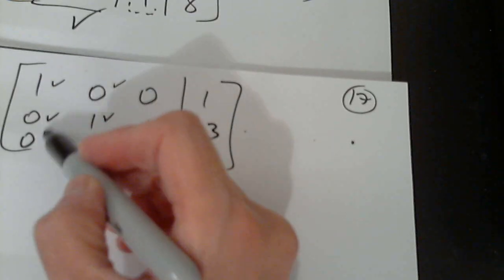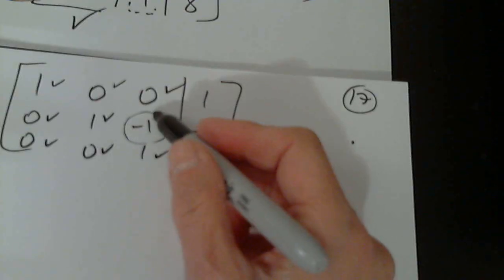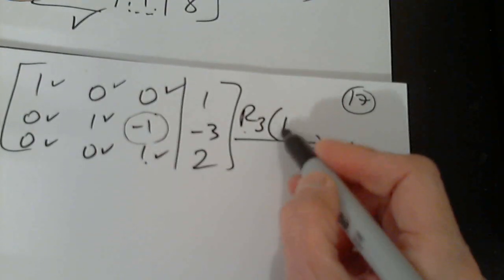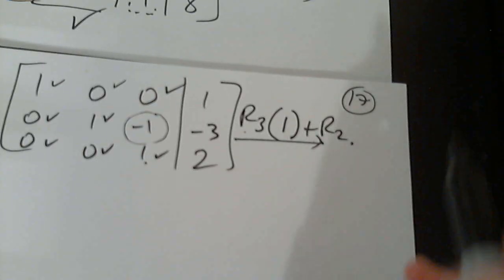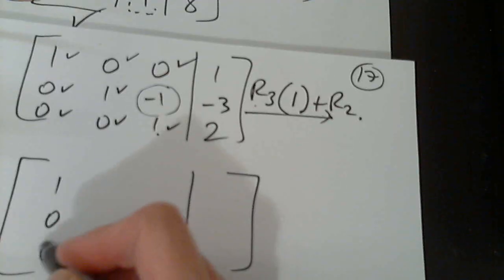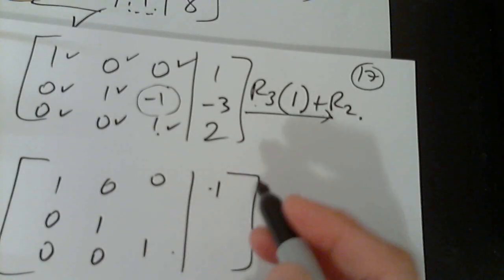Good. Done! Wow! I only need to get rid of this. So row 3 multiplied by 1 and added to row 2. 1, 0, 0, 0, 1, 0, 1. 0, 1, 2.